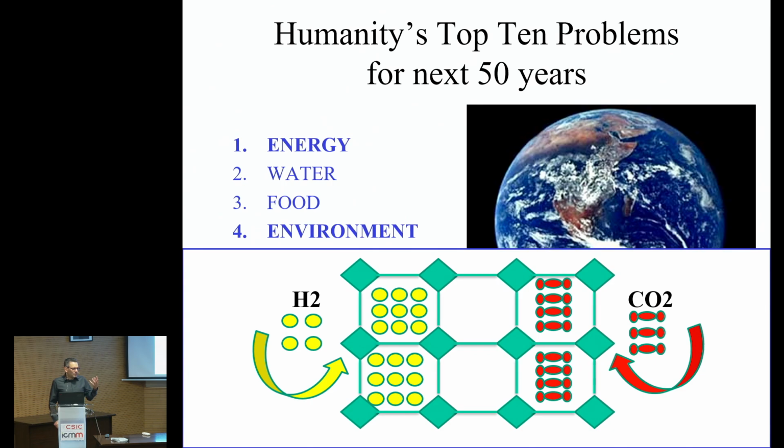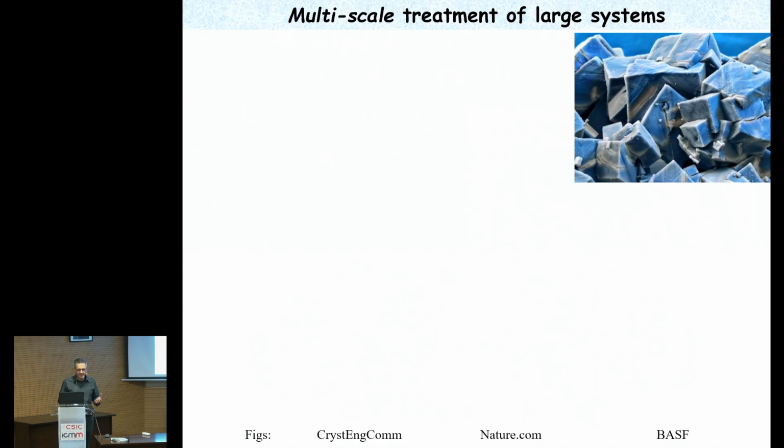We simulate porous materials, in whose pores you can accommodate useful gases, like hydrogen and methane, that address the energy problem, or harmful gases like CO2 and H2S, that have to do with the environment. And we are doing theory, we are modeling materials.